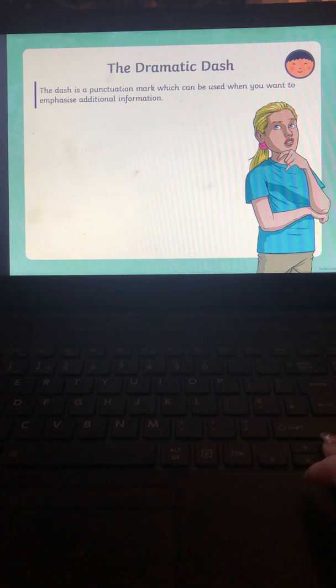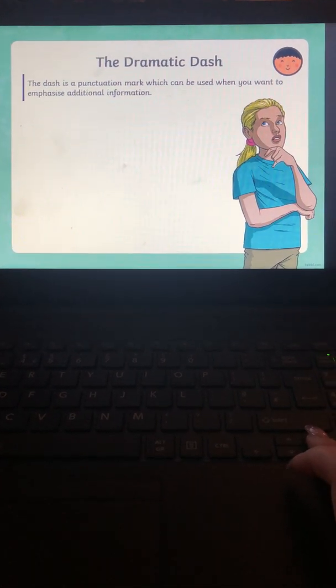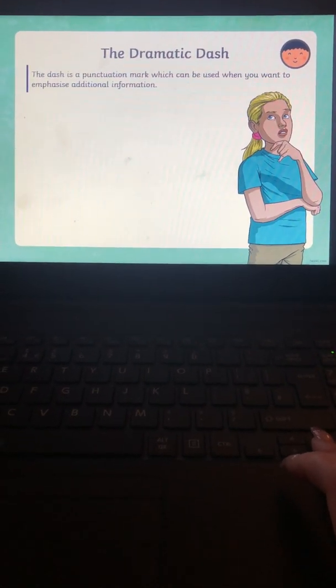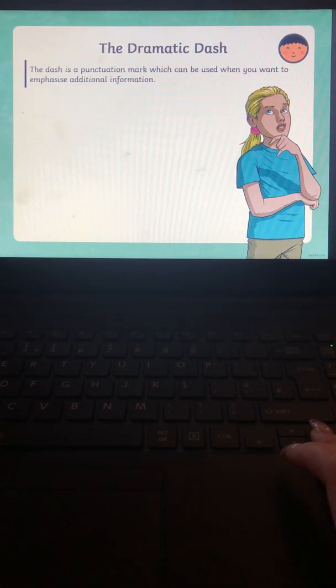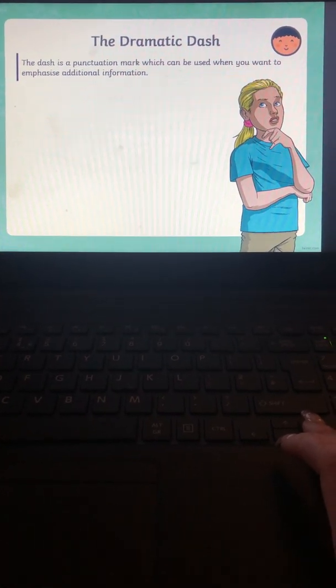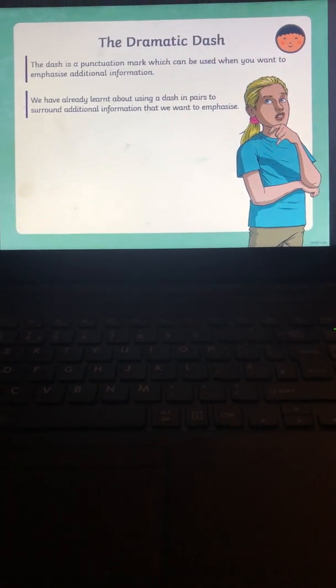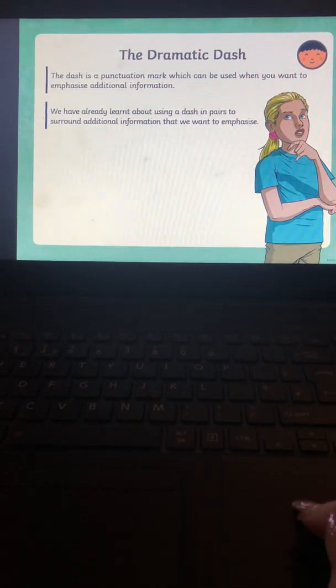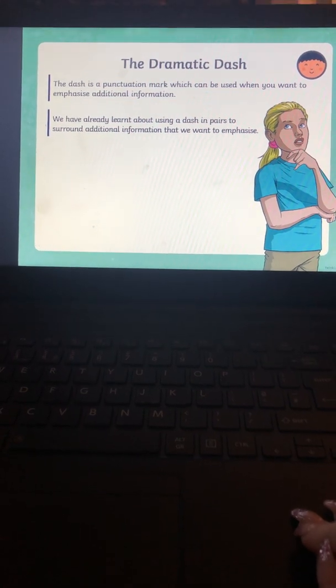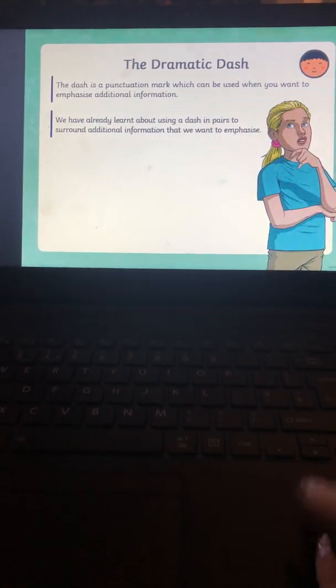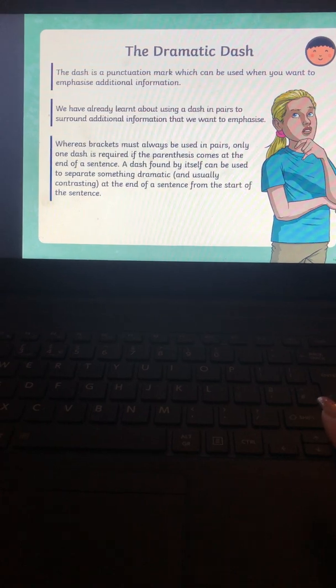Okay, so the dramatic dash. The dash is a punctuation mark that can be used when you want to emphasise additional information. So we have already learned about using a dash in pairs to surround additional information that we want to emphasise.